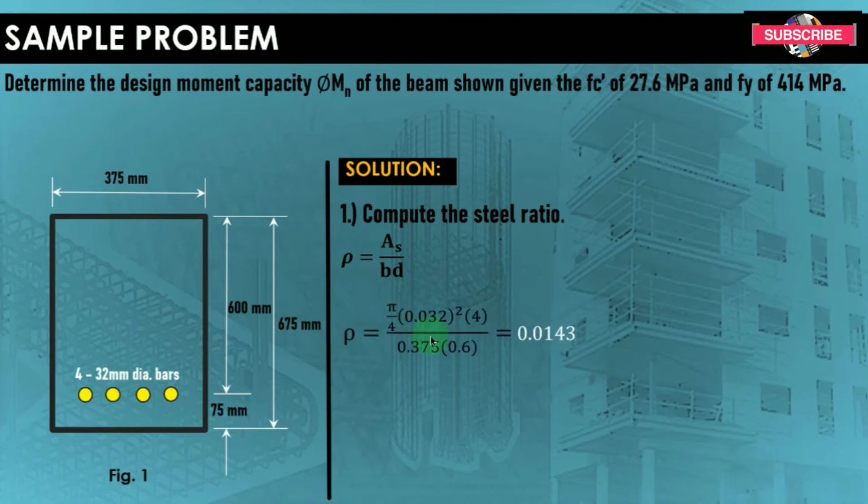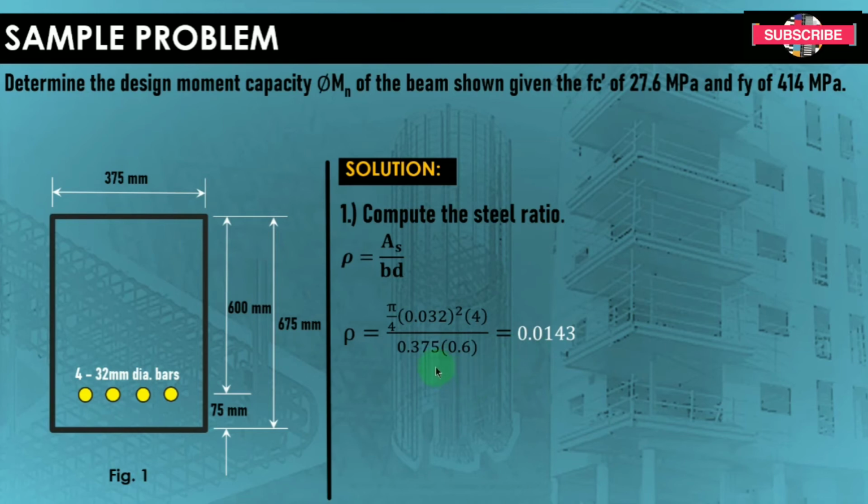So calculating, pi over 4 times 0.032 squared times 4 over this b of 0.375, using the unit meter here, times this 0.6 effective depth. So we can have this actual rho or steel ratio of our beam section, 0.0143.